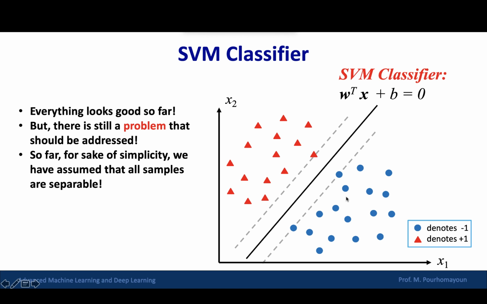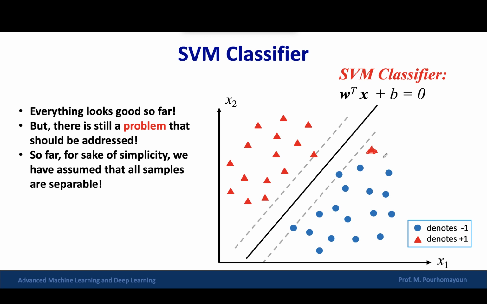But if I have a sample like this, a red one right here, only one outlier, or one bad sample, or one difficult sample, one that we are not able to classify using a linear line, then those constraints will never be satisfied.